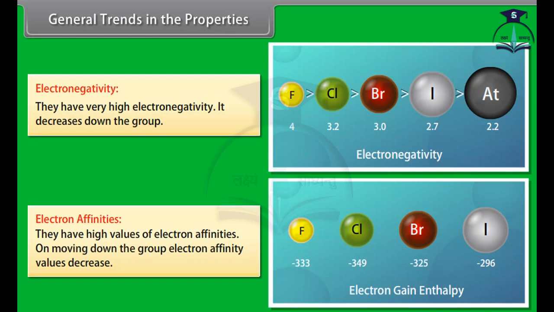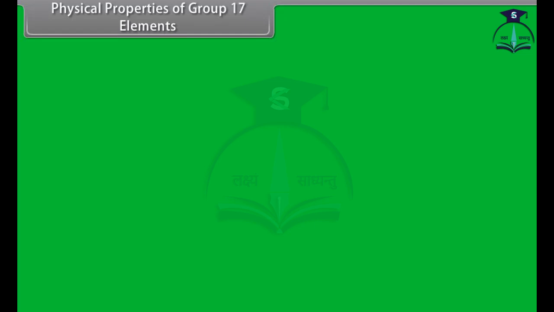A low value of electron affinity for fluorine is due to the small size of fluorine atom. In a compact 2p subshell of fluorine, the added electron does not feel much attraction, resulting in low value of electron affinity.